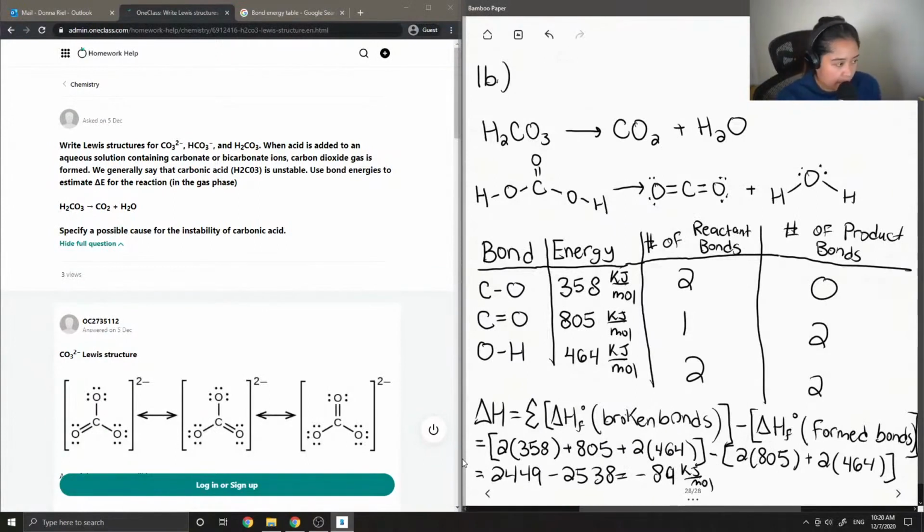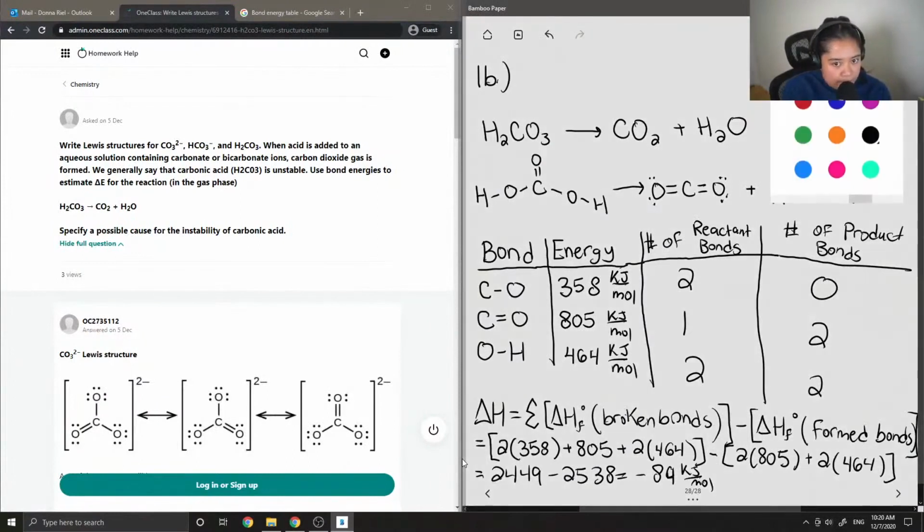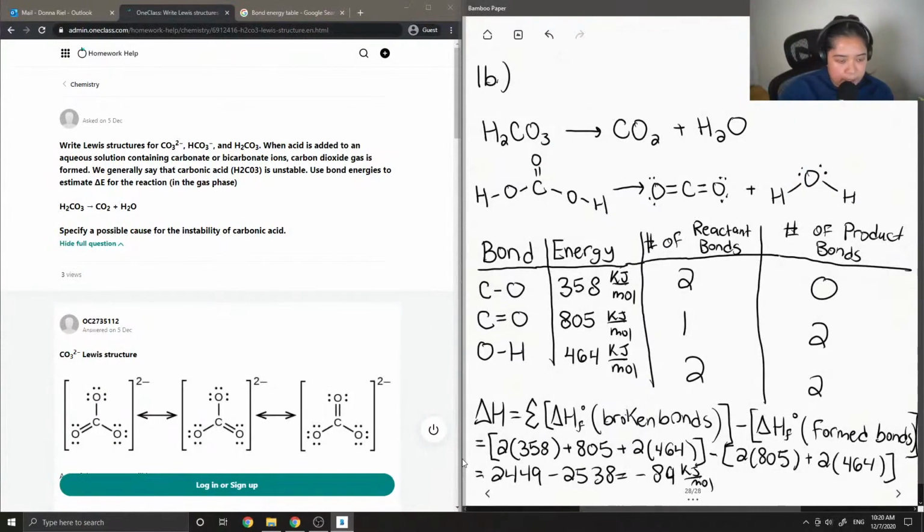So the last part of the question just asks, specify a plausible cause for the instability of carbonic acid. So the instability of a reactant depends on how stable the products it forms are. So if we look at both carbon dioxide and water, these are both stable.